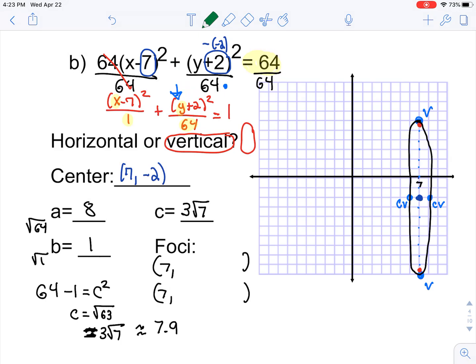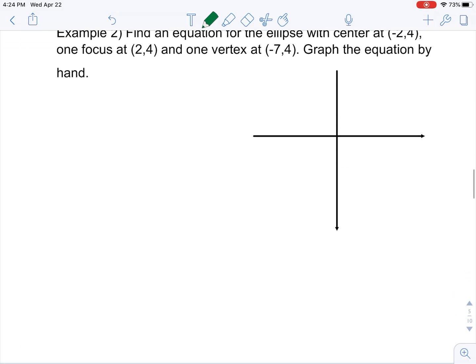We started at a y value of -2, and then I went up, so plus 3 root 7, and then from that -2 I went down, so minus 3 root 7. And again, really look for that accuracy.